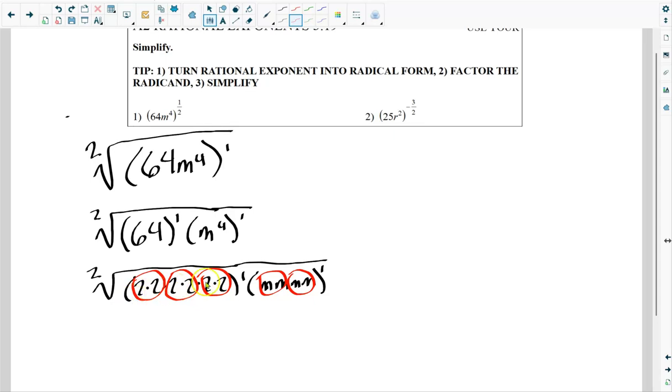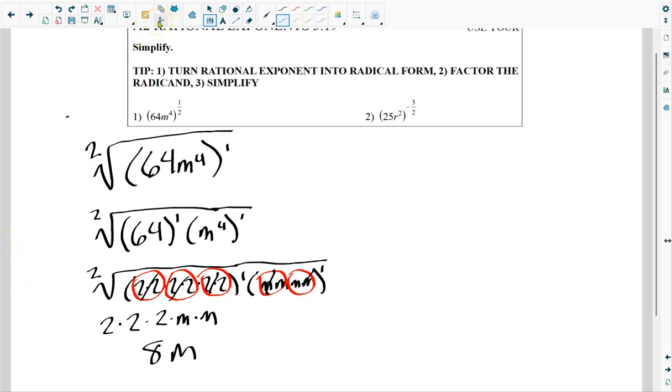Everybody is repeating twice. Nobody is going to be left in the radical. So we have 2, 2, 2, and nothing's left inside, so I have 8m. Okay? So that's that problem.